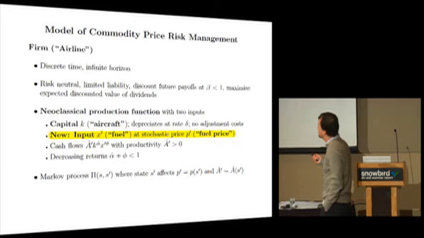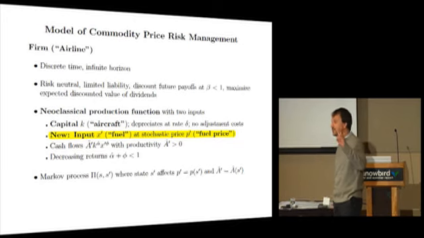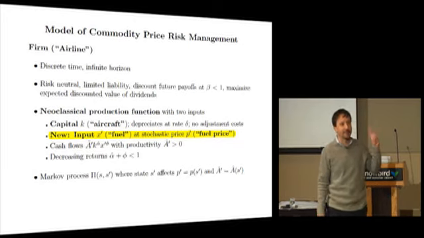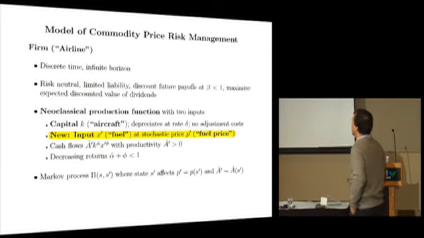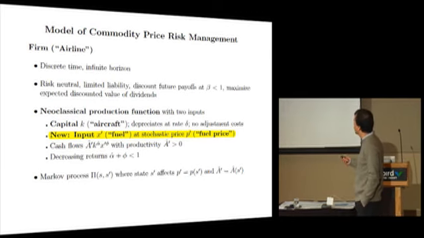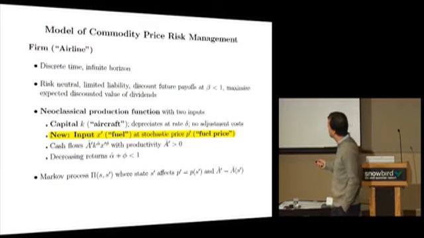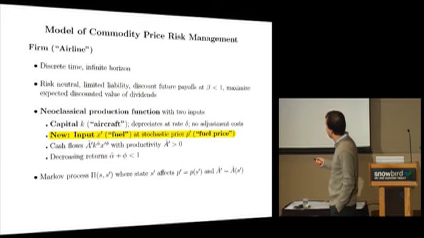It has access to essentially a neoclassical production function with 2 inputs: aircraft and fuel. Aircraft K, depreciated at rate delta. There's no adjustment costs of any kind, and then you need fuel, which you're going to buy tomorrow when you actually fly, at the stochastic price P prime.